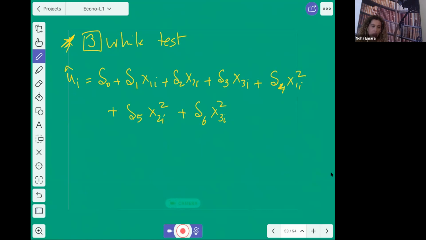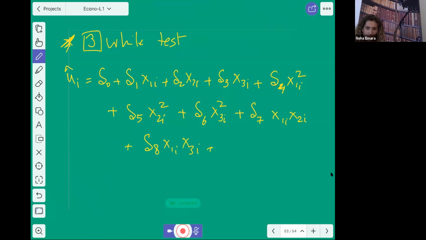x1i squared plus delta 5 x2i squared plus delta 6 x3i squared. And then it adds interaction terms, or multiplication, or how about the effect of x1 and x2 simultaneously at the same time? So it would add another 3 terms: delta 7 x1i multiplied times x2i plus delta 8 x1i x3i plus all the possibilities.